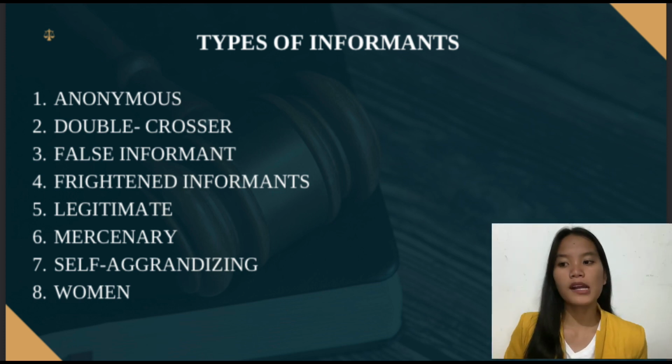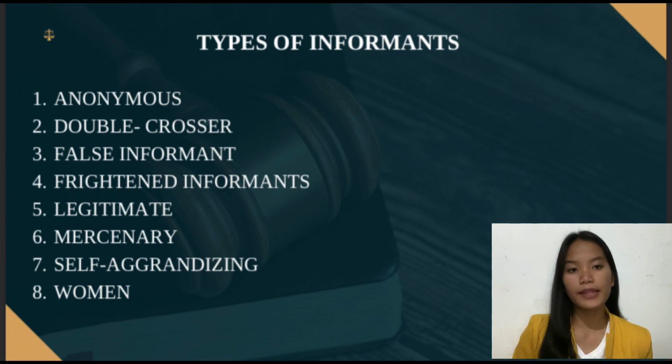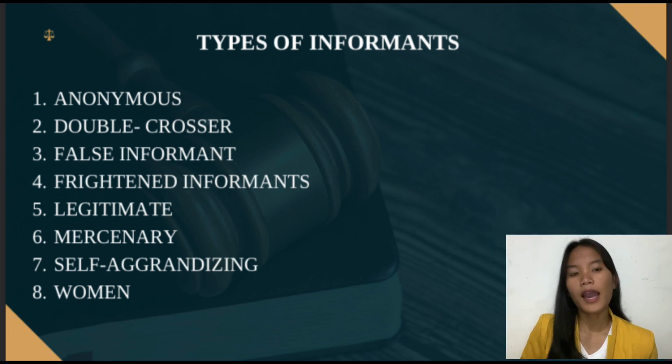So we have the self-aggrandizing informant. So this informant provides exaggerated information to the police in order to gain advantage or attention. And last, we have the women informant. So this type of informant is the most dangerous informant against male subject.